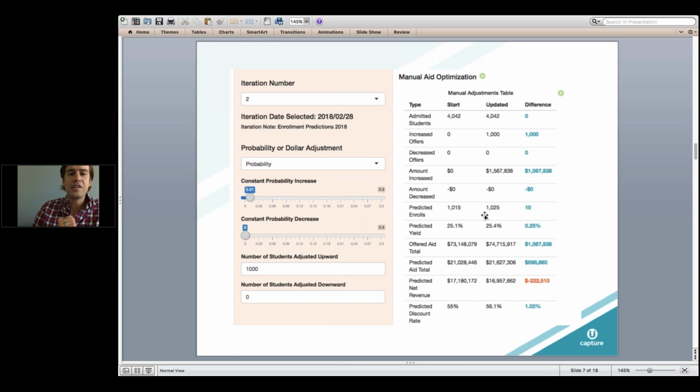So that's a pretty cool way to tweak the aid that you're currently considering offering. Or you can also do this late in the cycle to say, we're a little bit low compared to what we need. We're willing to spend maybe a couple hundred thousand more in financial aid in order to meet our class. Where do we spend that money the best?